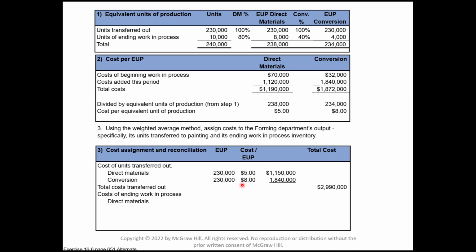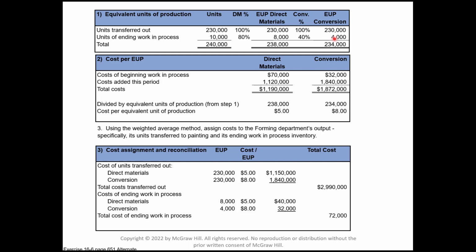Now we do the ending inventory. When we've got ending inventory, we're looking at these numbers: materials 8,000, conversion 4,000, multiplied by the cost per unit, so 5 and 8, add them together. That's the total cost of the ending inventory.